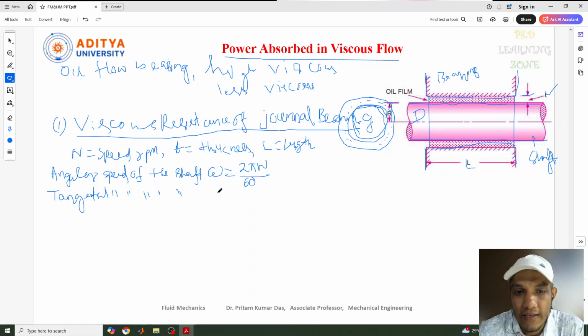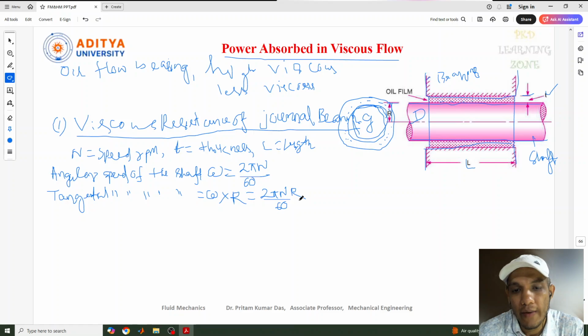The formula is the angular speed into the radius r at which it is rotating, so omega into r. Omega is 2 pi N by 60, so this is 2 pi N r by 60.